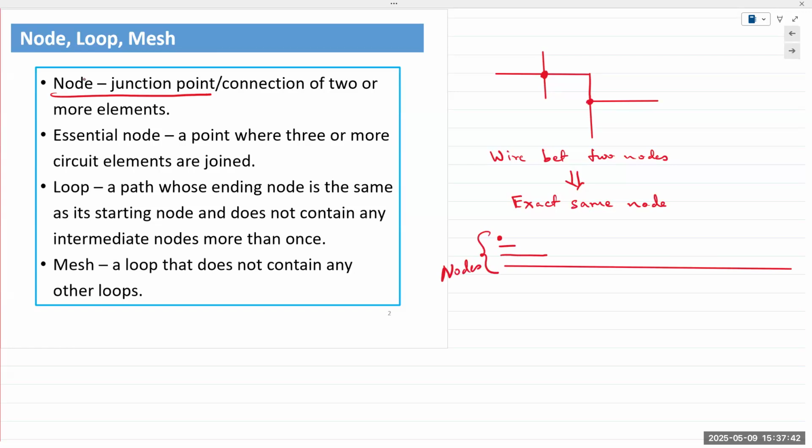Ideal means if it's a conductor or a wire, it has 0 ohm resistance. A dot is the same as a small dash, the same as a small line, the same as a long line. Okay, it means it's the exact same node. If there's a component between two nodes, that means they are two separate nodes. But if there's a wire between two or more nodes, then they are all the exact same node, electrically speaking. Okay, so identifying nodes is the most important.